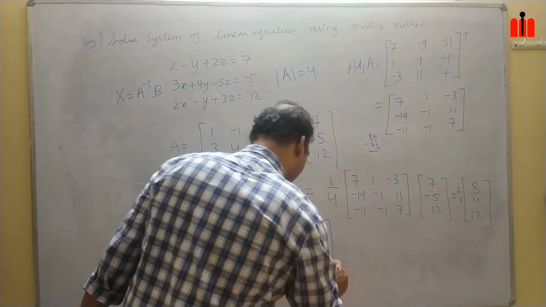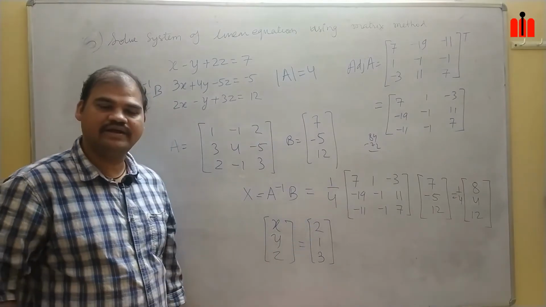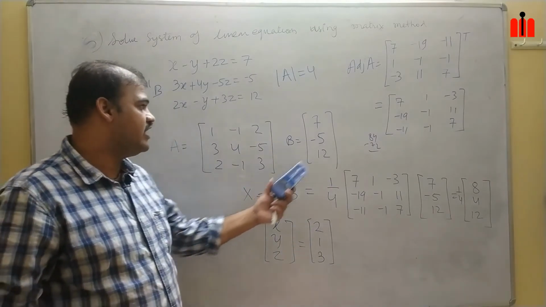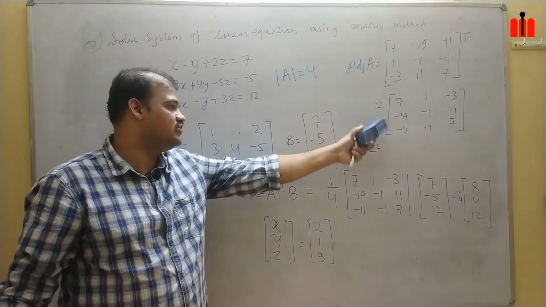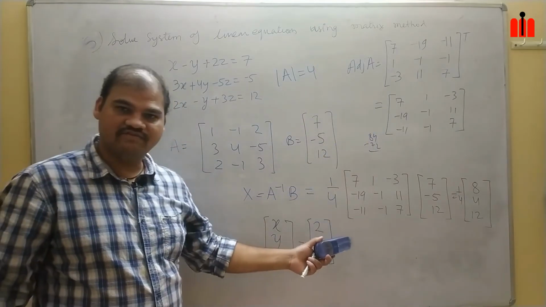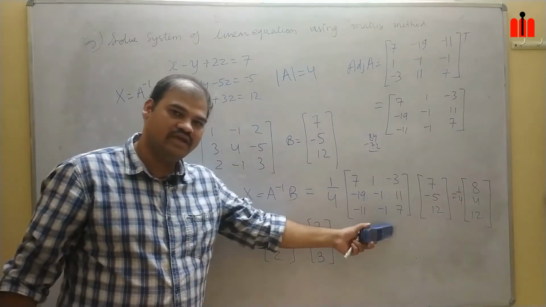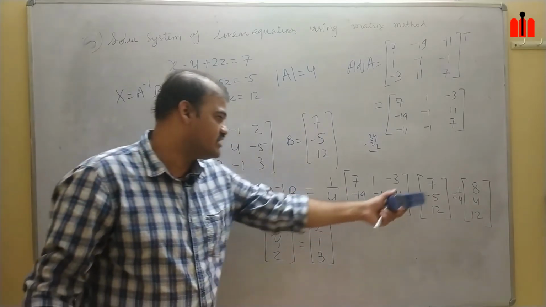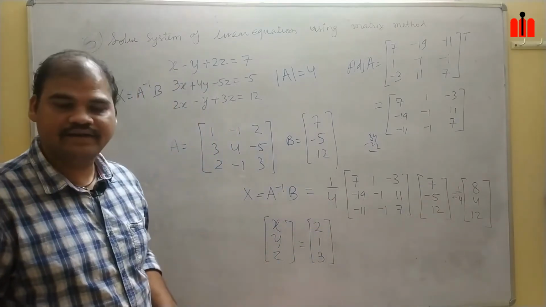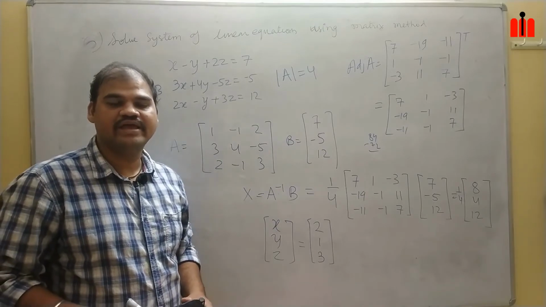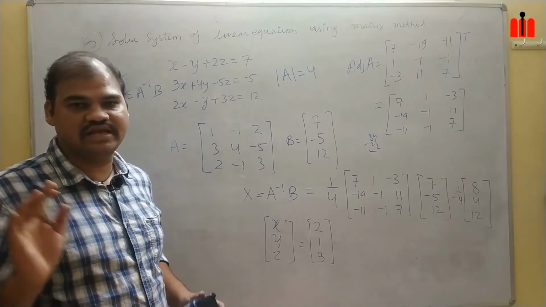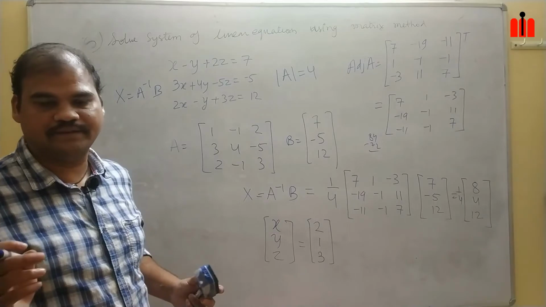So x, y, z is 2, 1 and 3. What we had done, we had found the adjoint A, we had found A inverse, and multiplied with B to get X. So X will be 2, 1 and 3. Okay, this completes problem number 6. Let's move on to problem number 7.